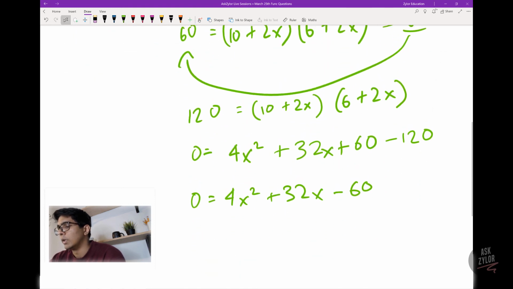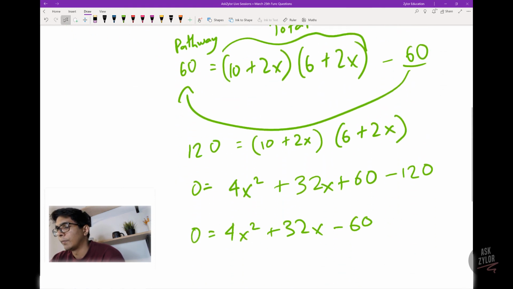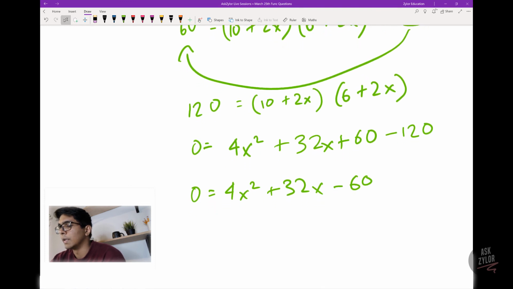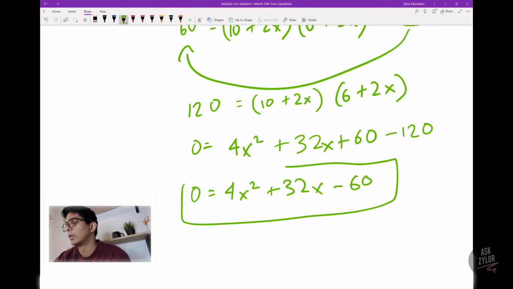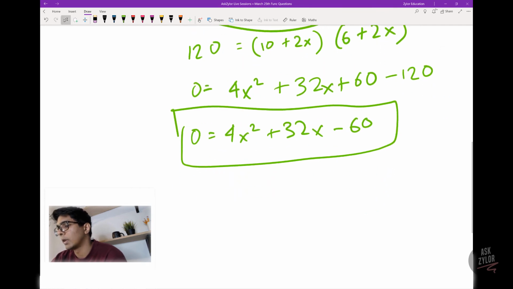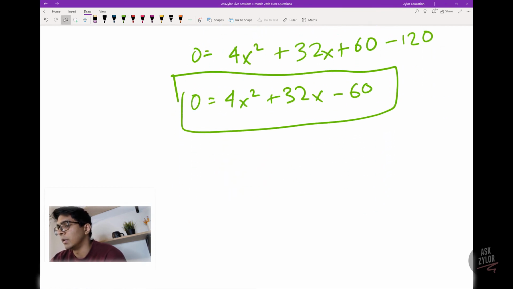So what we're trying to do is find the x value. And right now we have an equation that says 0 is equal to a function. So what we can do is find the zeros, or the x-intercepts, by trying to factor or trying to use a quadratic equation to try and find my x values.